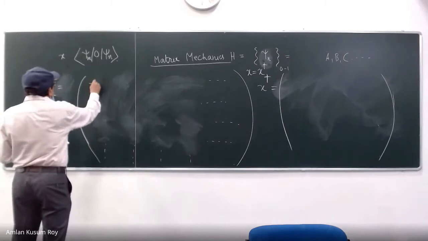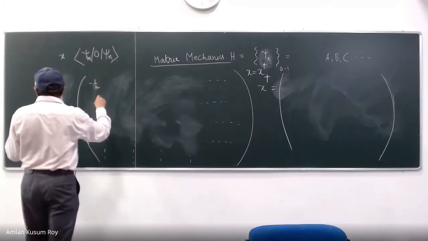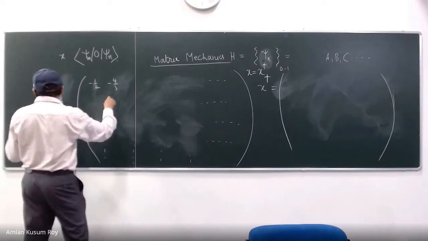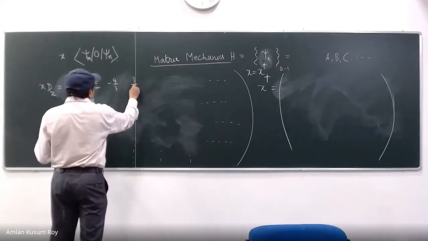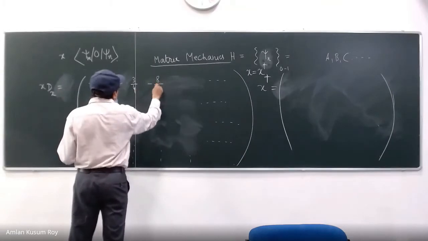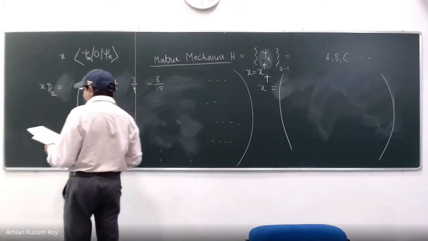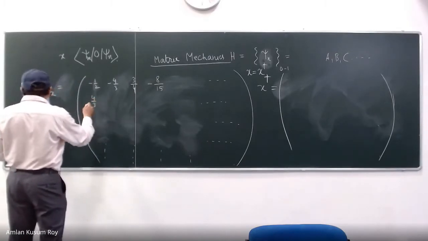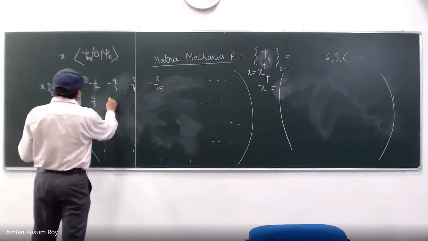This is minus half. You should work it out. Minus 4 over 3, 4 over 3, 3 over 4, and minus 8 over 15. Okay, this is 4 by 3. Minus half.